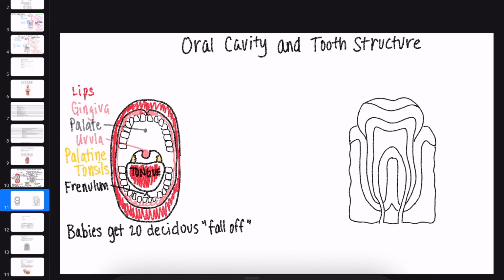These baby teeth start coming in at about 6 months of age. And then they get all of their 20 deciduous teeth. And then when they're about 5 or 6, those start falling out, and then their adult teeth come in. And my boys, they started getting their adult teeth when they were about 5.